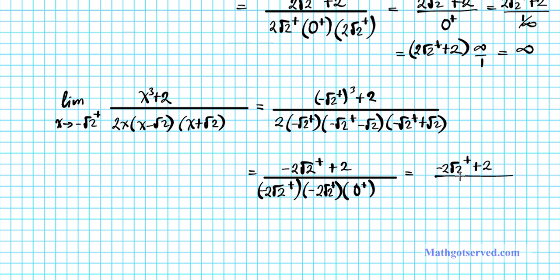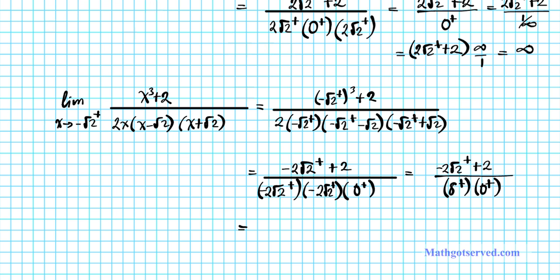Alright, so what I just want to illustrate is these two, when you multiply them together, the minus becomes a plus. So you get a positive number, 2 times 2, which is 4. 4 times 2 is 8. You're going to have 8 from the right, and then multiply that by 0 from the right. Okay? You don't actually have to work this out, because when you're multiplying it by a very, very small positive number, this entire thing is going to become a very small positive number.